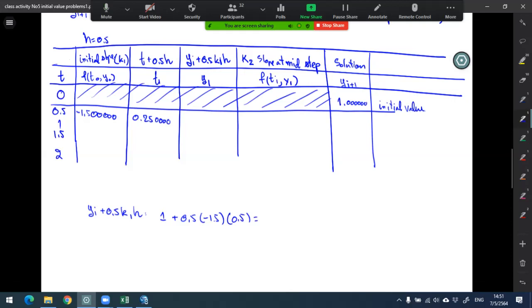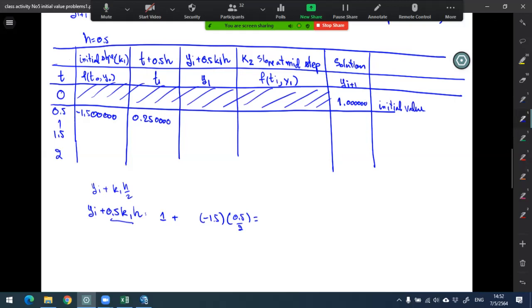I may rewrite the form of this to be h over 2. Maybe it's better to understand. Then it's reduced to 0.5 k1, which should be okay.